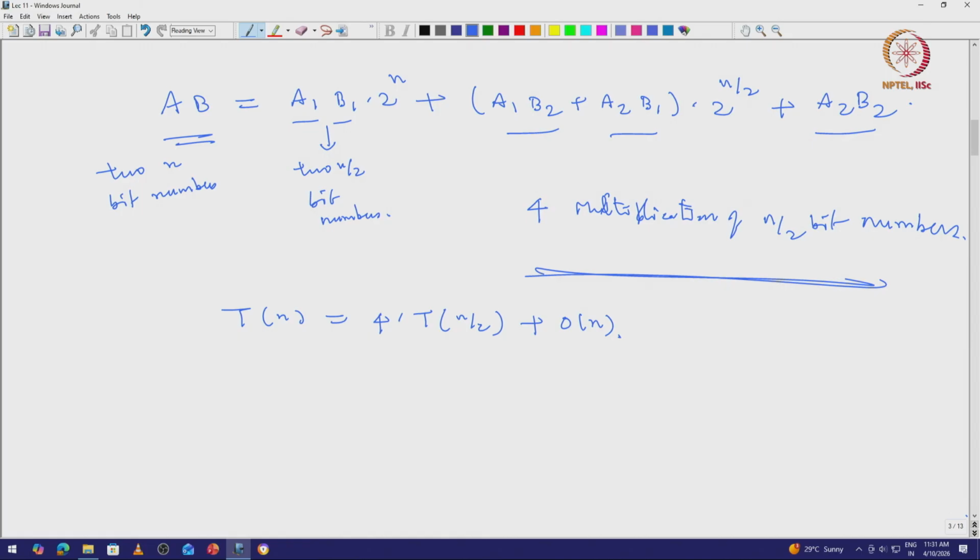Therefore, this is a very straightforward divide and conquer. Split the first number into 2 parts, second number into 2 parts. The product is nothing but this one. If you want to evaluate, you get these numbers, and these are only shift operations, right. They are just shift operations, very easy to achieve. You do not have to do multiplication with the 2 power n.